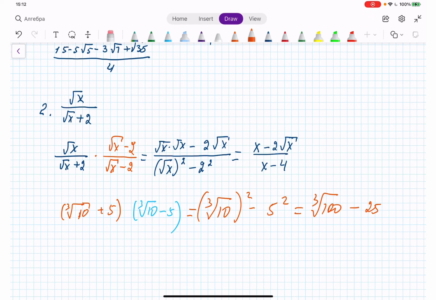And there is no conjugate that will help us to release the number from under radical. It works only with square root. If you have binomial, in cases like this, binomial, meaning two terms.